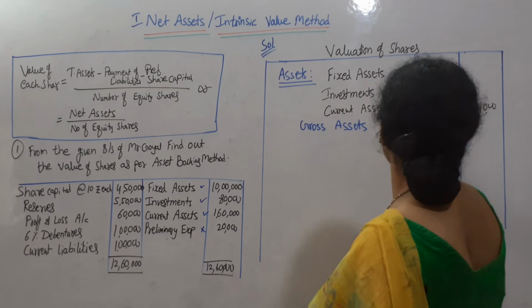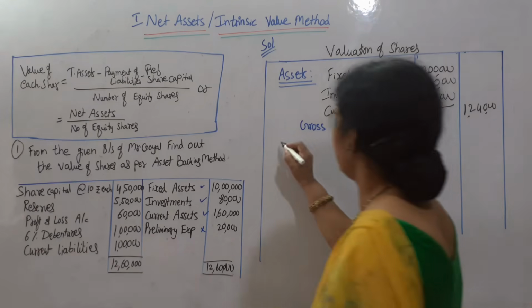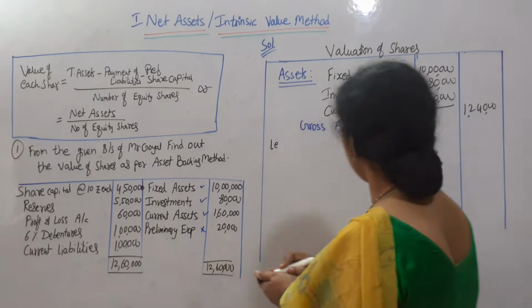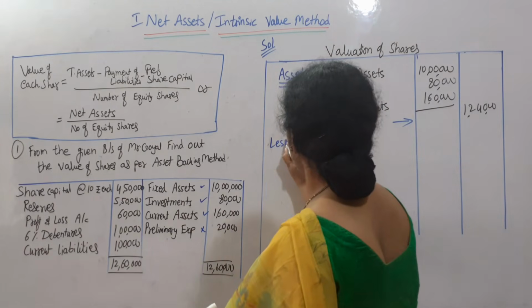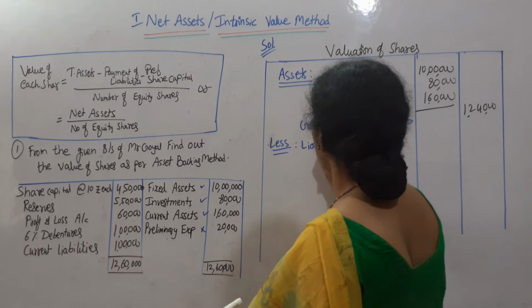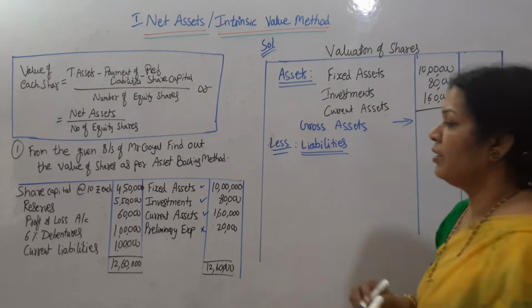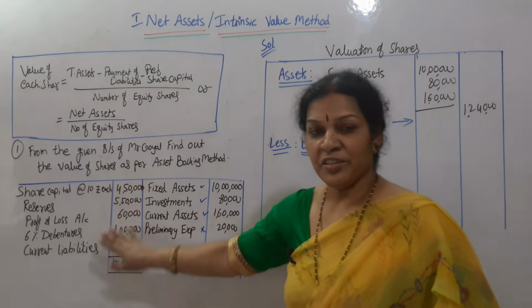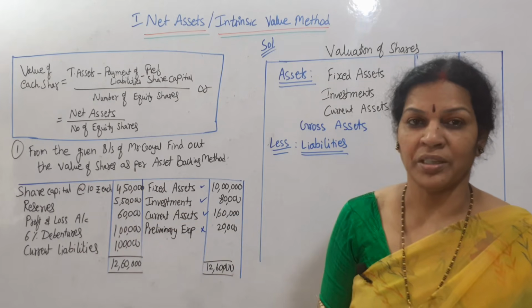Now we have to deduct the liabilities. Less liabilities. What are the liabilities we are going to take? You need to be very careful. As liabilities, share capital, equity share capital, we are not going to take as liability.